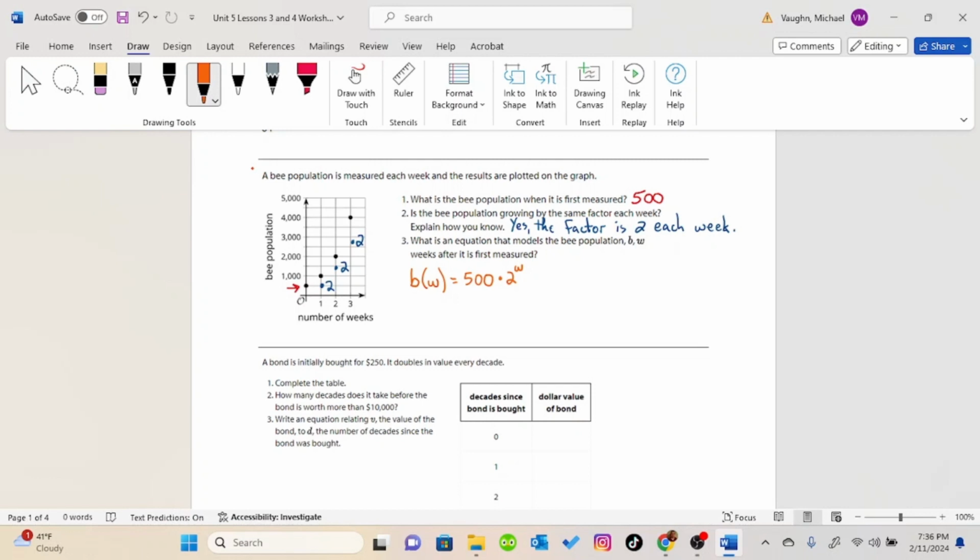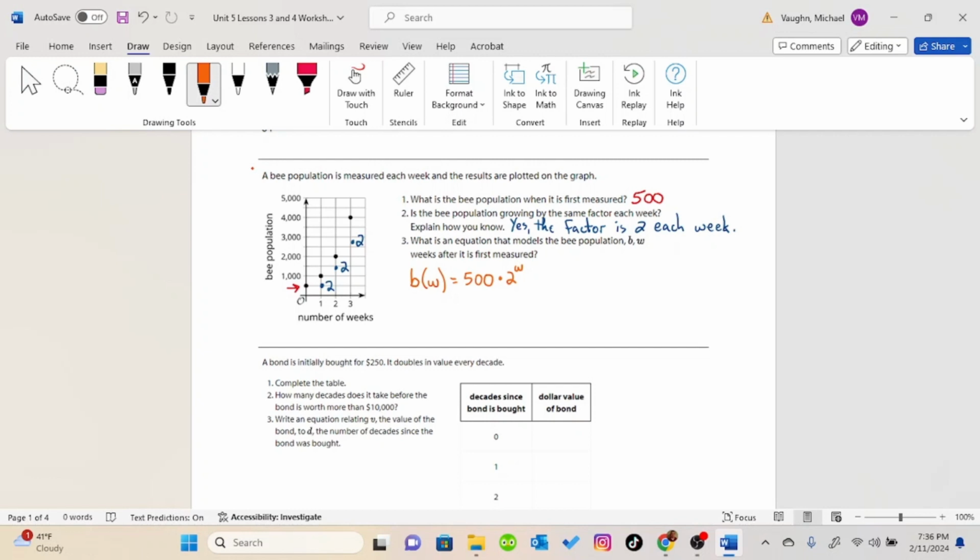If we substitute 2 in for W, 2 squared is 4, and 4 times 500 is 2,000, which is our value. And finally, if we substituted in 3, 2 cubed is 8, and 8 times 500 is 4,000.